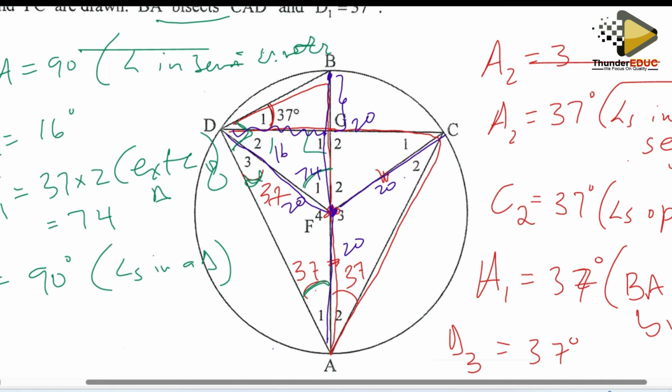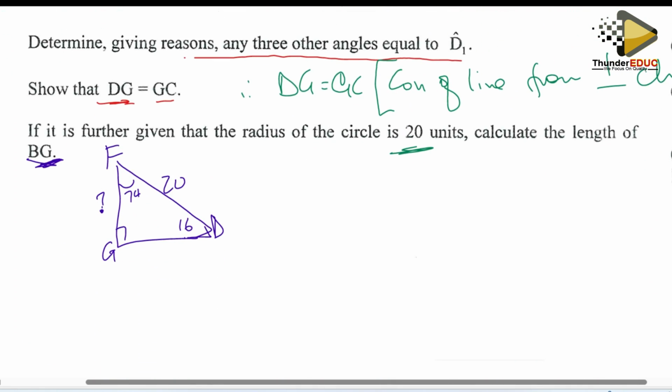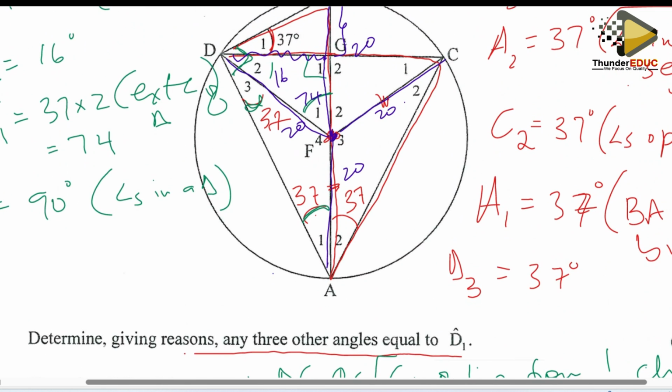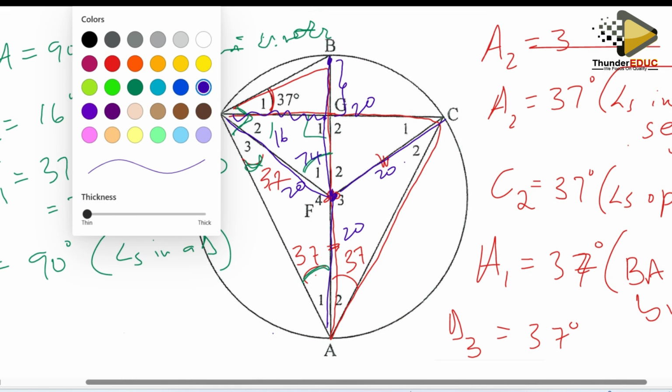Remember, we can use the Pythagoras theorem. That is going to be an issue because some sides are not known. So just to save time, I'm going to use my sine instead. The sine of 16 is equal to FG over 20. So which means FG is 20 sine of 16.